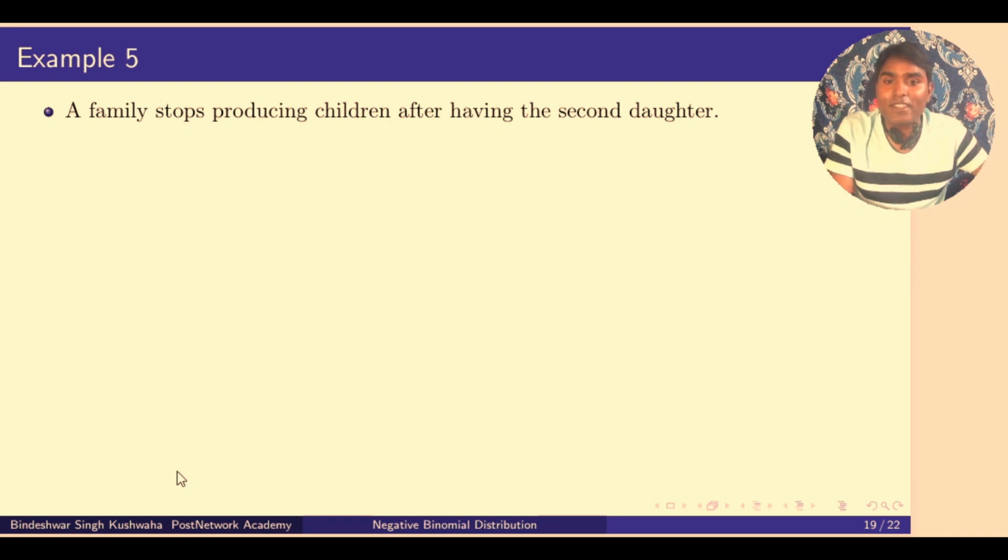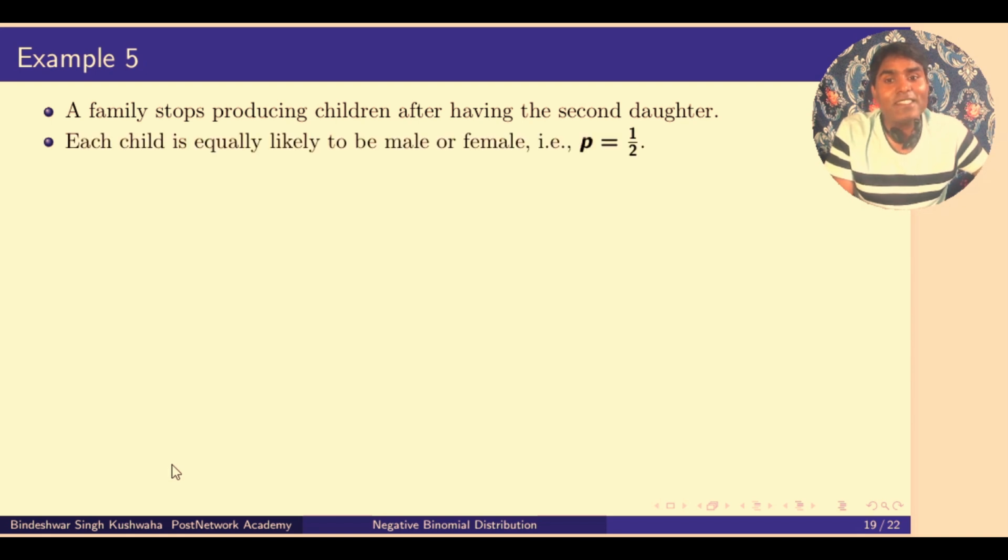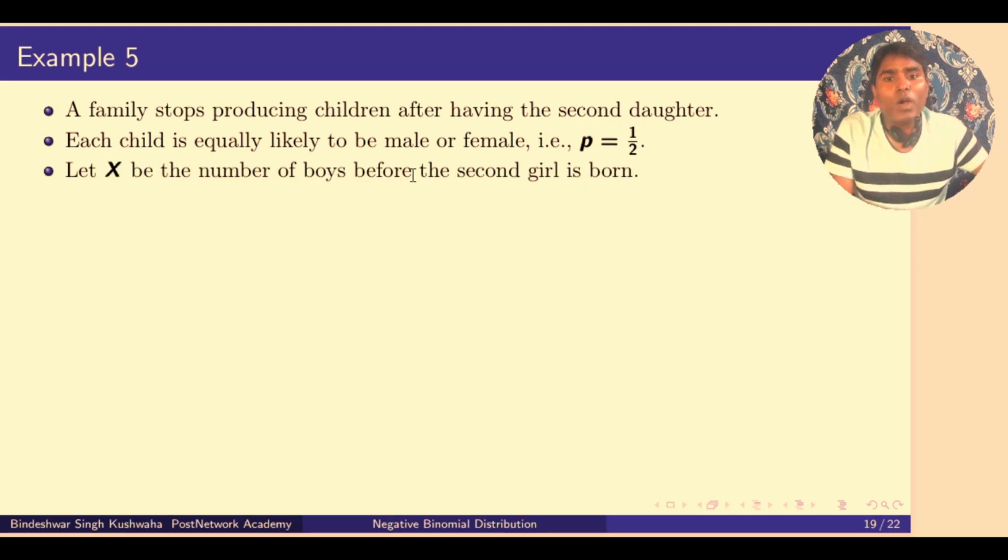Let us see the last example. A family stops producing children after having the second daughter. Again, each child is equally likely to be male or female, that is, the probability is half. I have explained one similar example, but this one is a little bit different. Let X be the number of boys before the second girl is born.